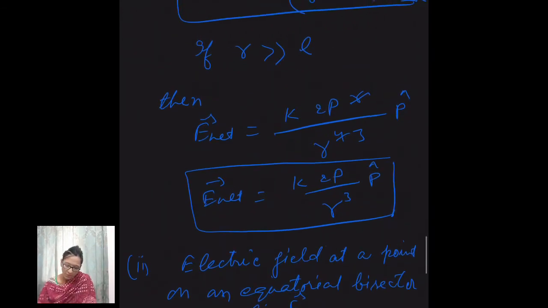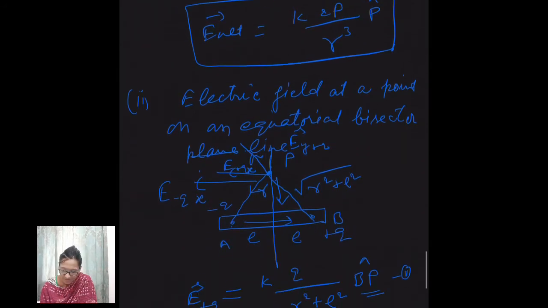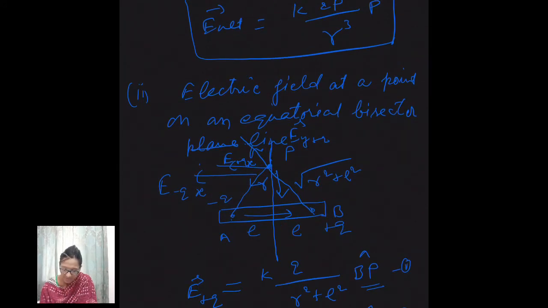Okay, so therefore E net, and let me add one more thing. Suppose it is making this angle. Okay, this angle is theta. Then the alternate interior angle, this angle, will also be theta. And since the fields are equal, the net field will be along the bisector of the two angles, and this angle also will be theta.